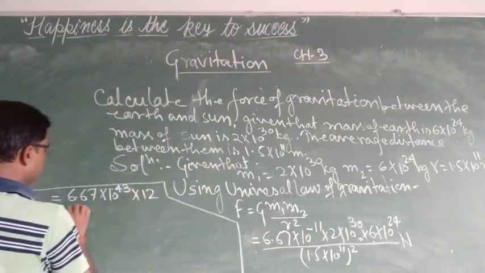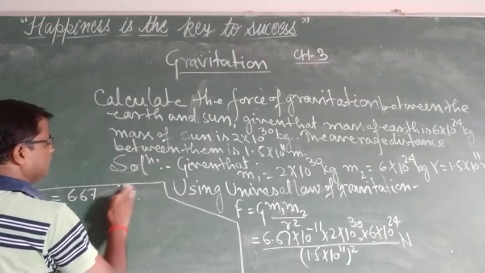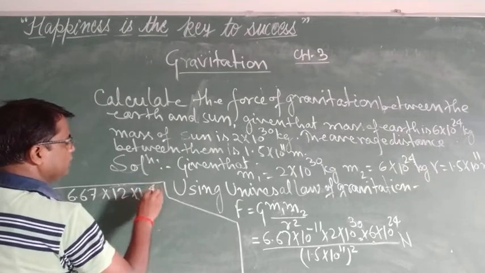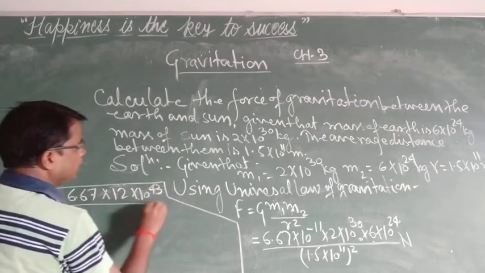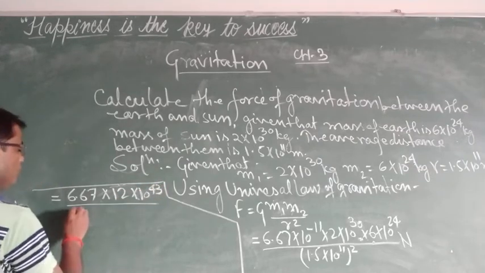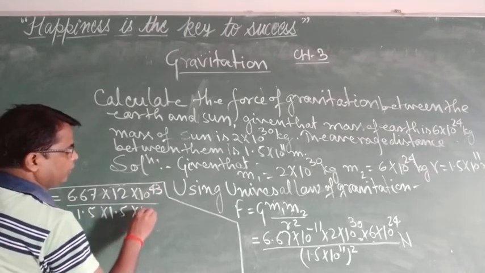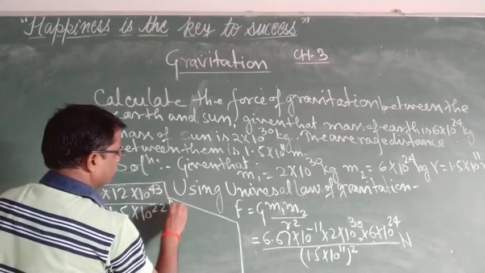In the denominator, we have 1.5 into 1.5 into 10 to the power 22 Newton.